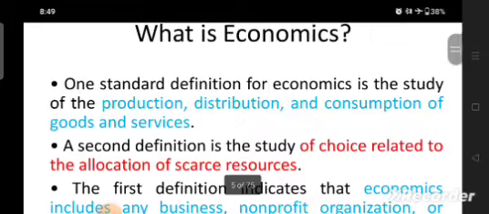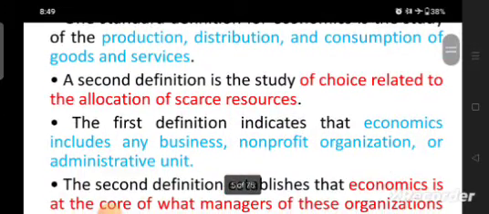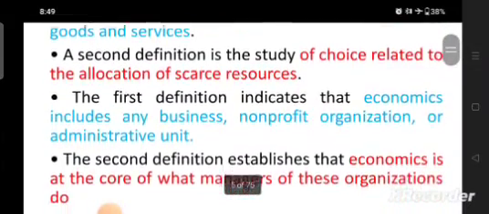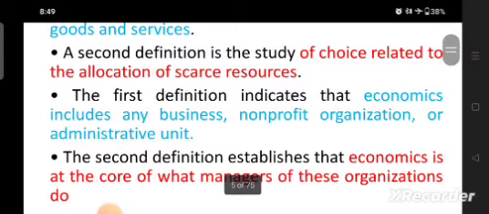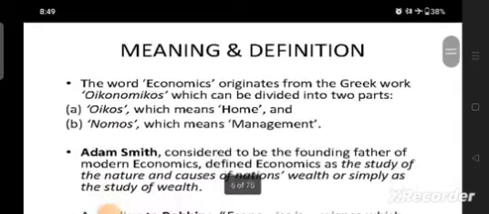The first definition indicates that economics includes any business, non-profit organization or administrative unit. The second is a study of choice related to the allocation of scarce resources, which is how the managers of these organizations operate. That is the meaning of economics.